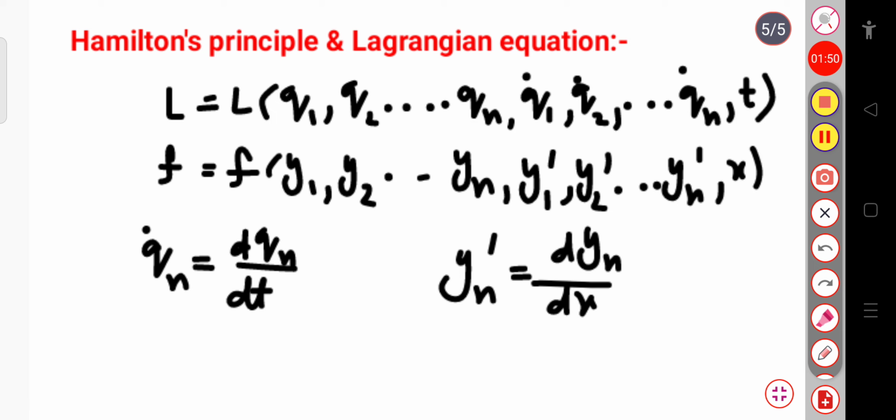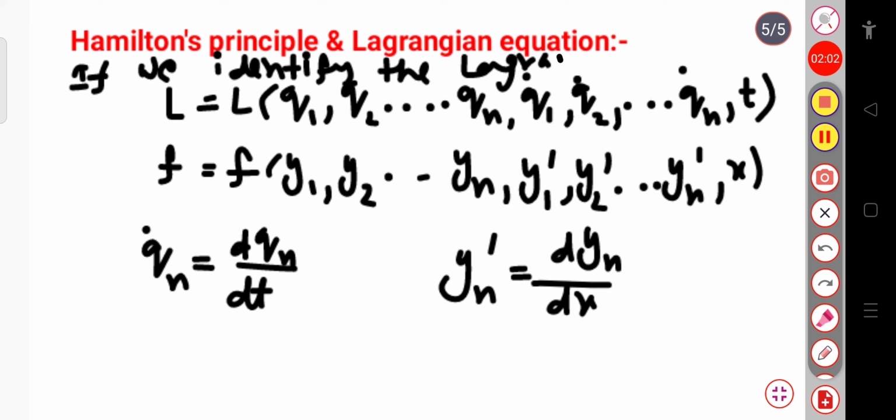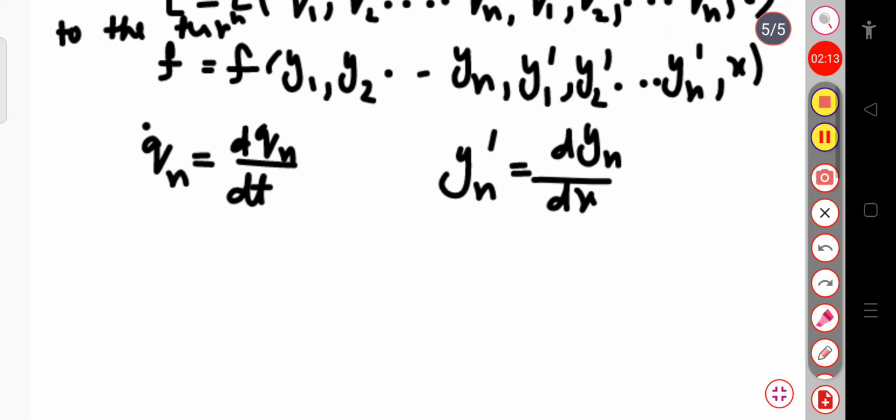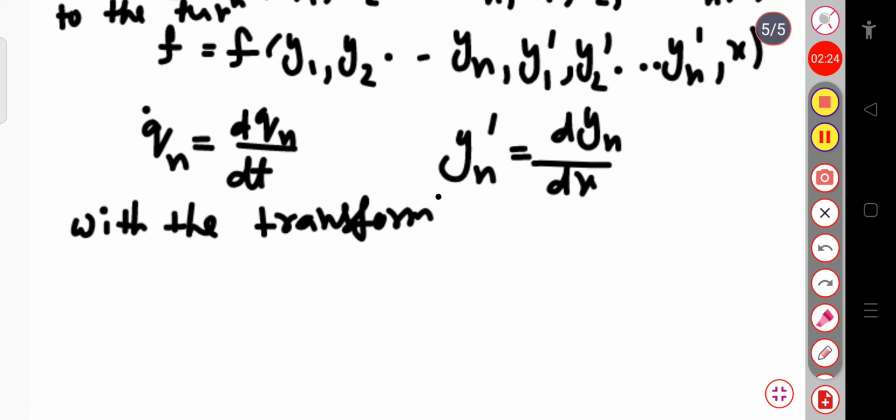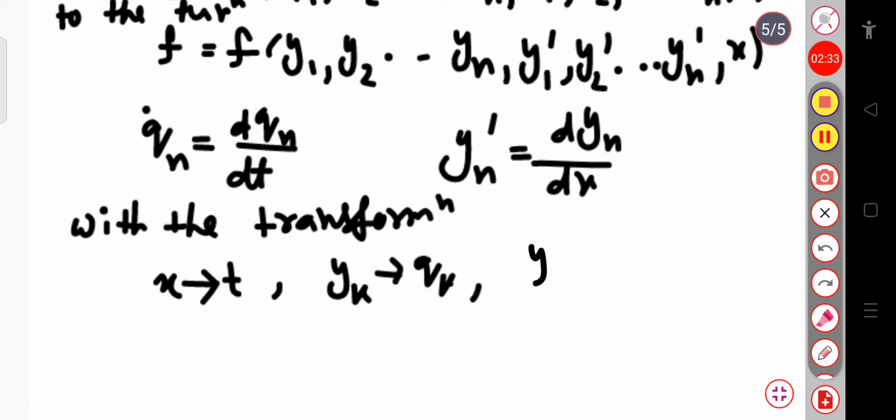So if we identify the Lagrangian L with the function f, the transformation is this: x changes to t, yk changes to qk, and yk prime changes to qk dot.